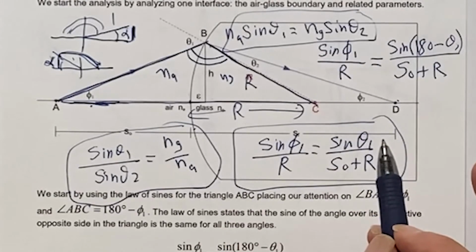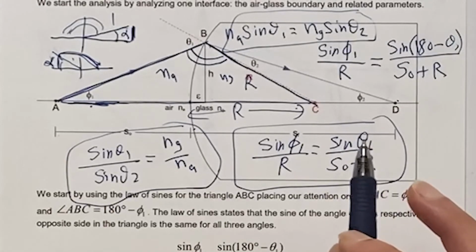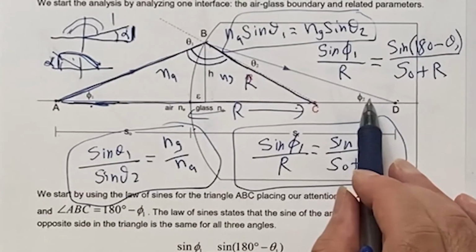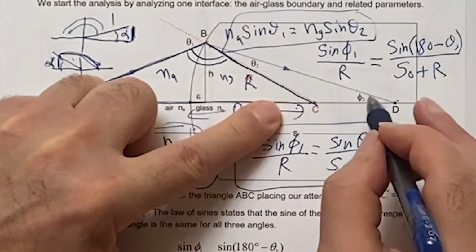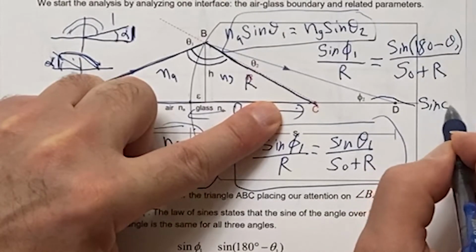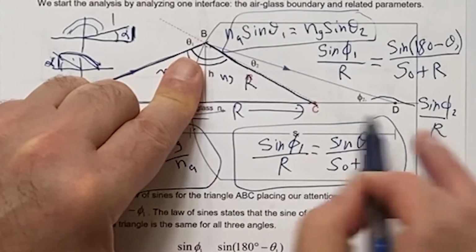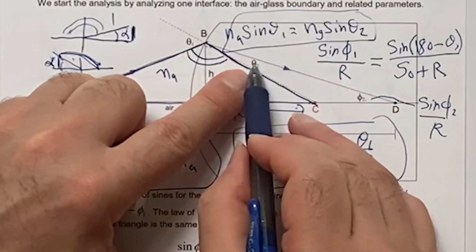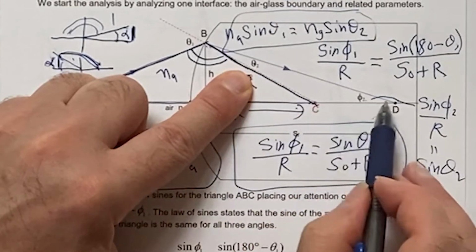And then we need to get one more equation involving the phi, this angle down in here. If we look at this triangle here, then the sine of phi 2 divided by its opposite side, r, is going to be equal to the sine of theta 2 divided by its opposite side.